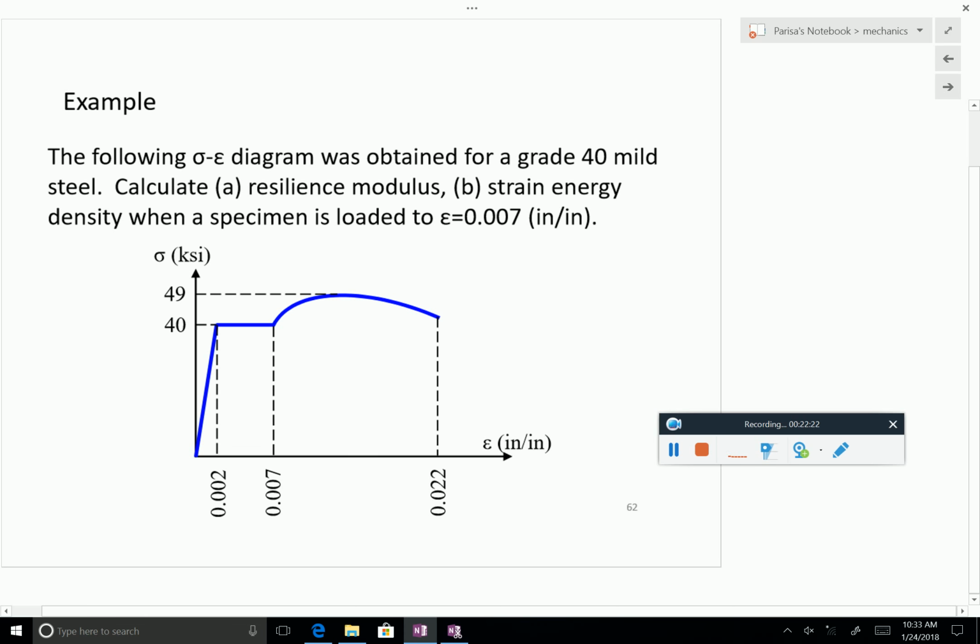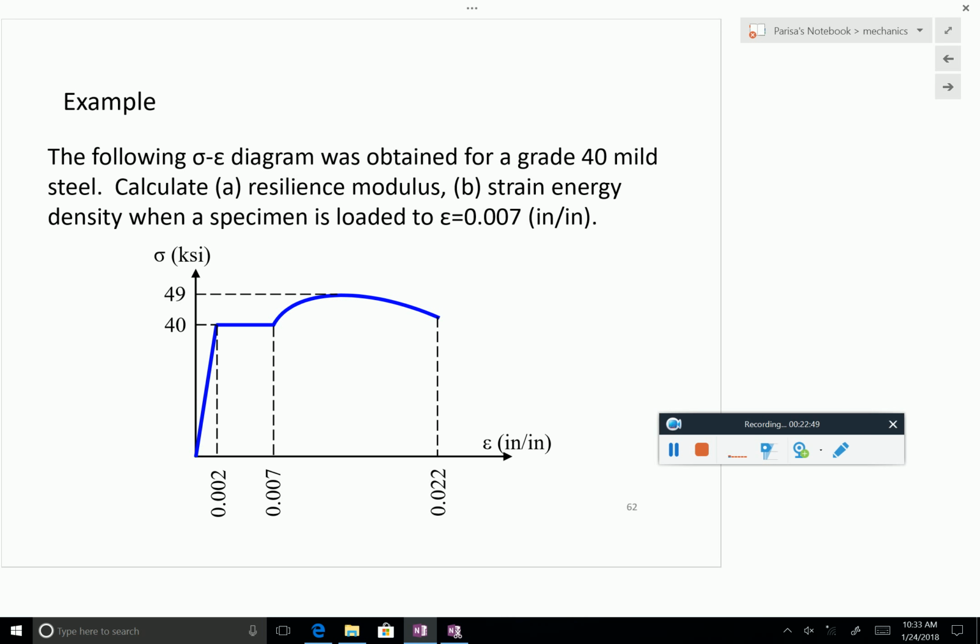Now, next example. Now here we want to exercise those definitions. We are looking at the stress-strain diagram, ksi, and the strain is inch per inch, which is similar to saying it has no units. So this is for a grade 40 mild steel.